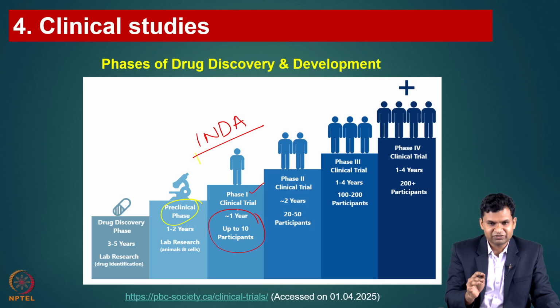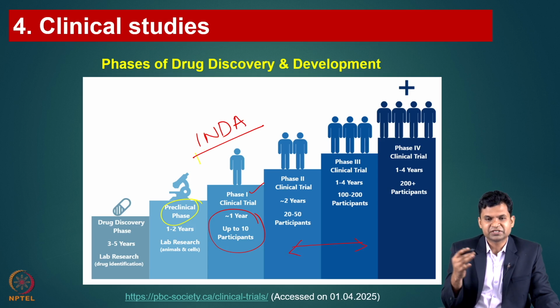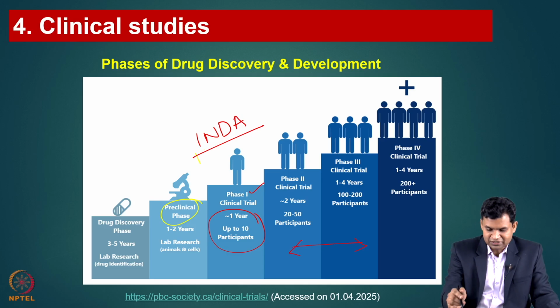There we will see the safety, and the remaining phase 2 and phase 3 will study the safety and efficacy on the patients. Overall it will take 18 to 20 years. Once phase 3 is done, again you need to go for the NDA, that is new drug application.